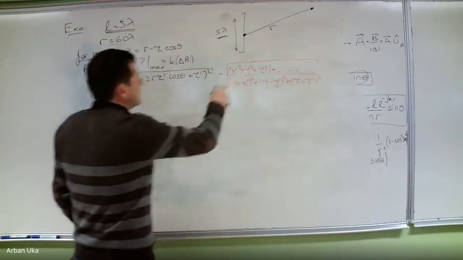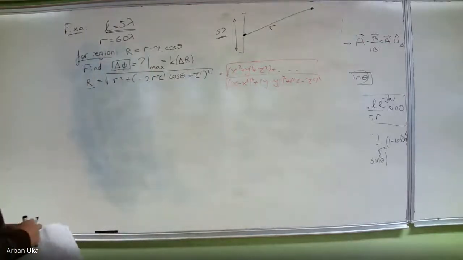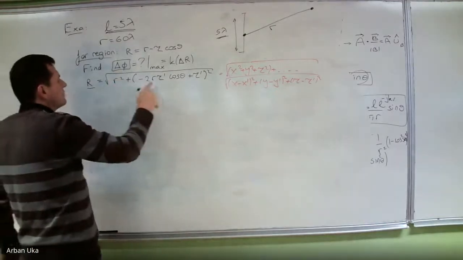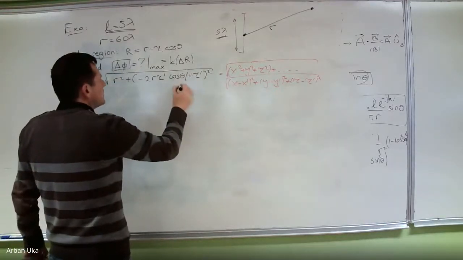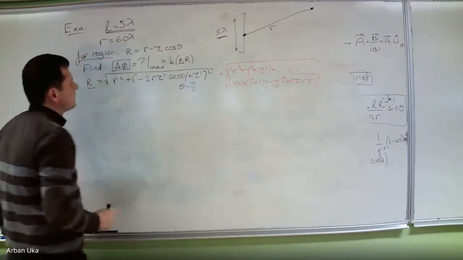We ended up with an expression which can be approximated like this, but now since we want to find the maximum phase difference, let's assume for a moment that the angle theta is equal to pi over 2.